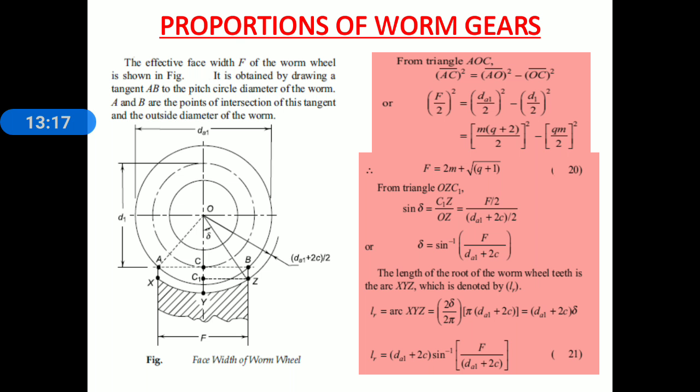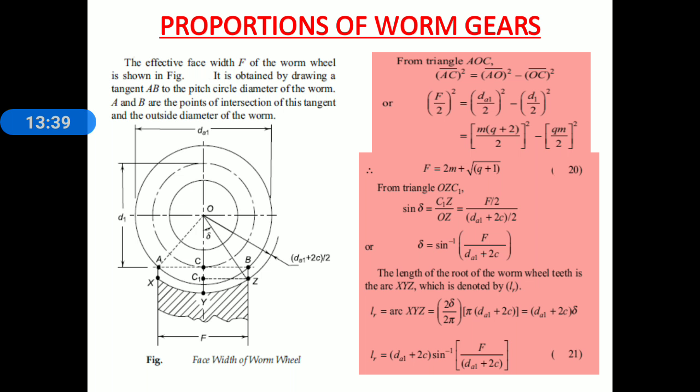The value of delta, which is already calculated, we substitute in that relation, and we get LR is equal to (dA1 plus 2C) into sine inverse of (F divided by (dA1 plus 2C)). Consider equation number 21.